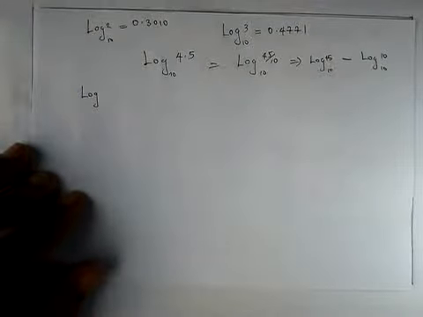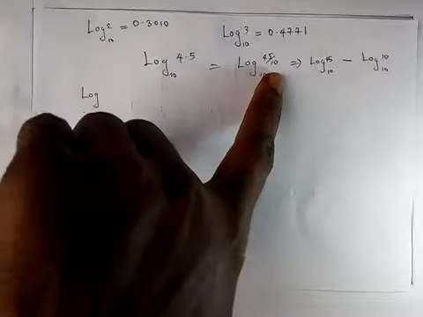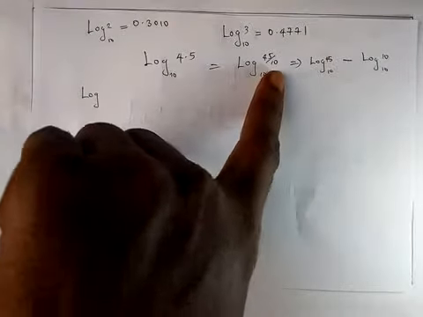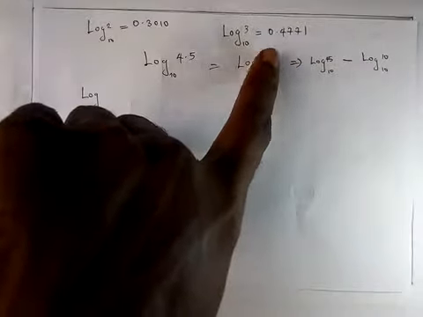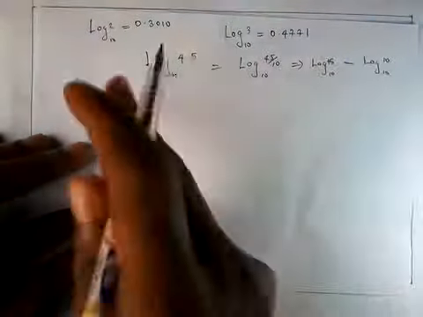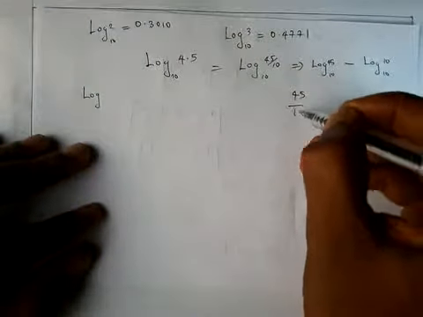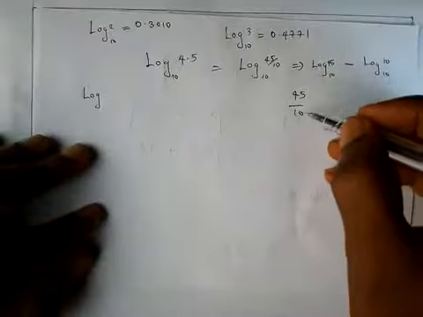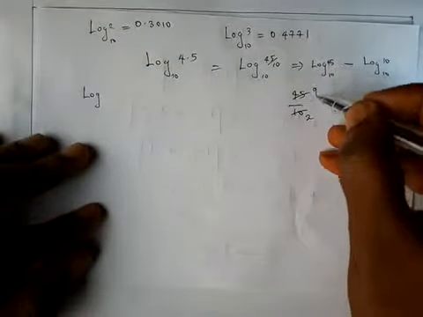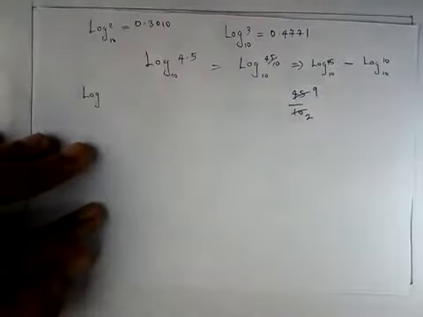We could have cancelled here even, and it will be simpler cancelling here, because I'm trying to get log 2 and log 3. So 45 over 10, look critically: 5 here is 2, 5 here is 9, and if you have 2 and 9, you already have 2 and 3.